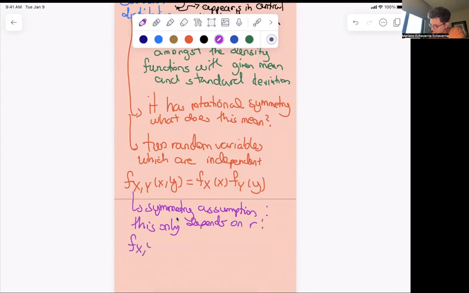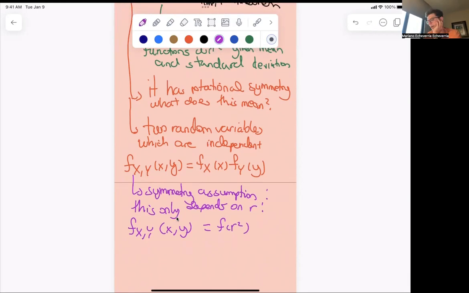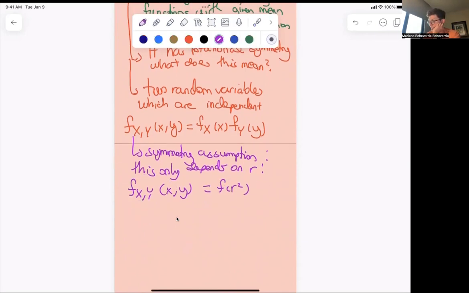So you can write this as a function of r. It doesn't matter too much whether you write it as a function of r or a function of r squared. They're more or less the same, but for the algebra, it's a little bit easier to write it as a function of r squared. So the joint density function is a product of the individual densities, but at the same time, the joint density function only depends on r, the coordinate from polar.